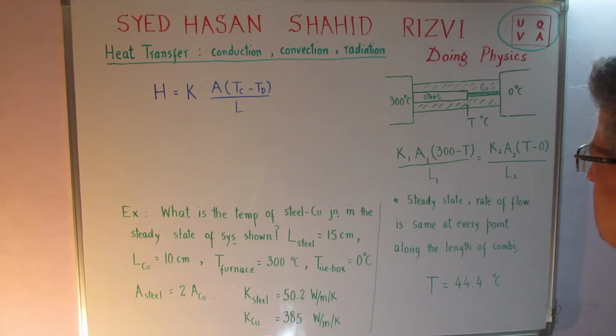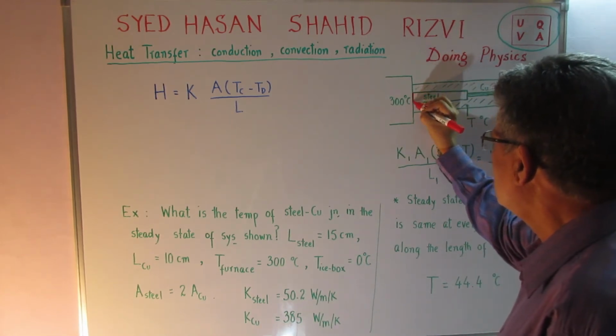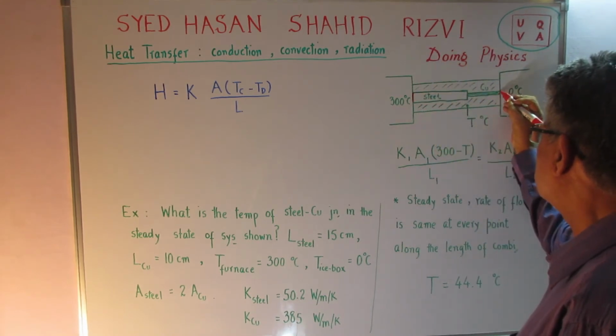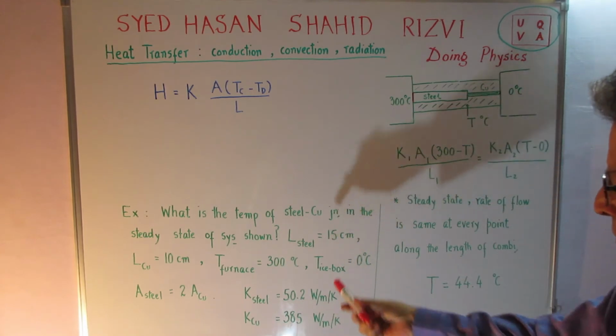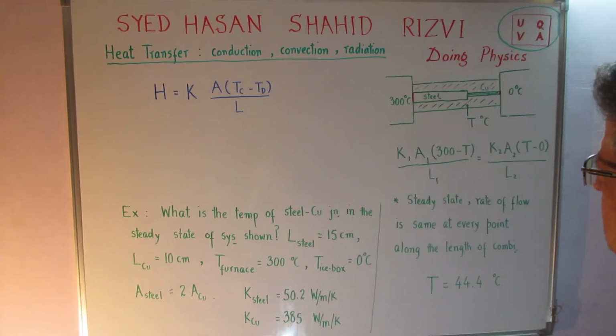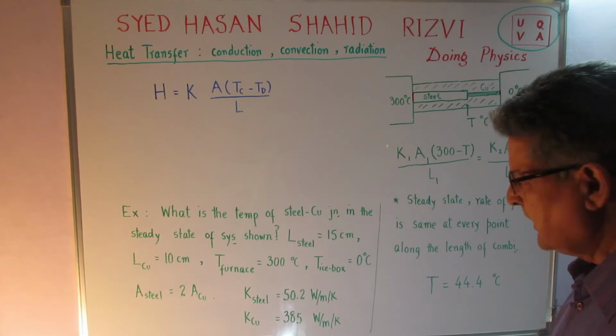And between those reservoirs there is an exposure here and also an exposure here to the reservoirs. Okay, I have shown according to the data that has been given to us that the steel rod is thicker and longer. Okay, and the copper rod is thinner and shorter.